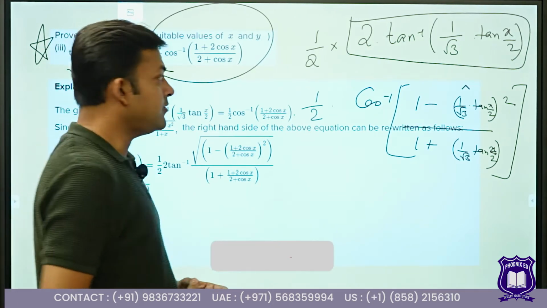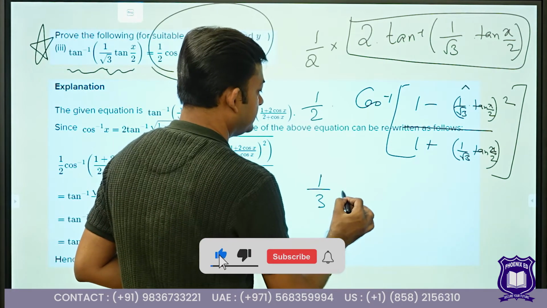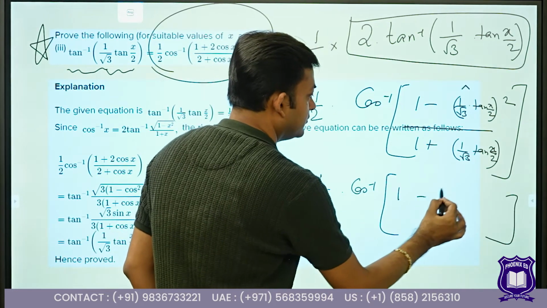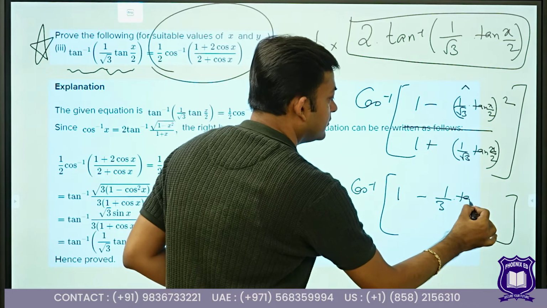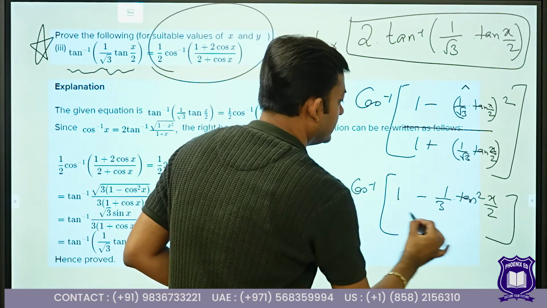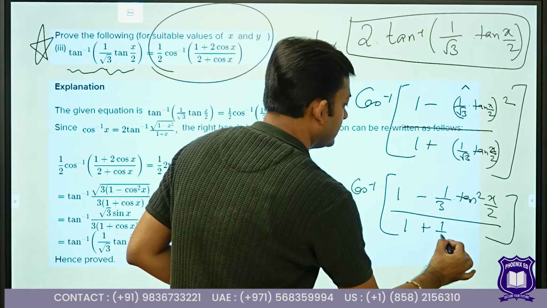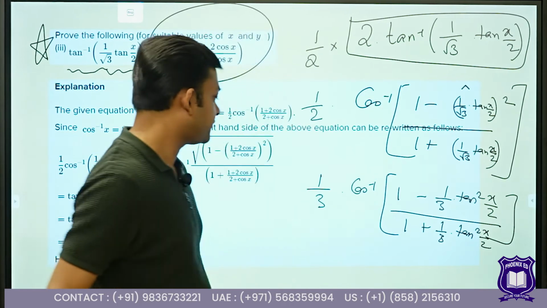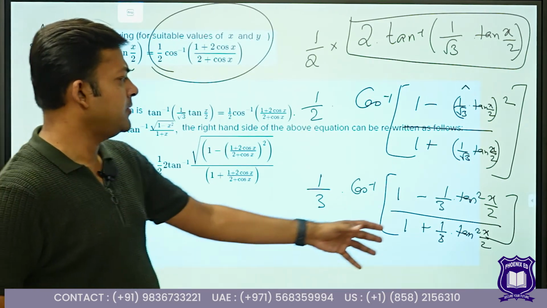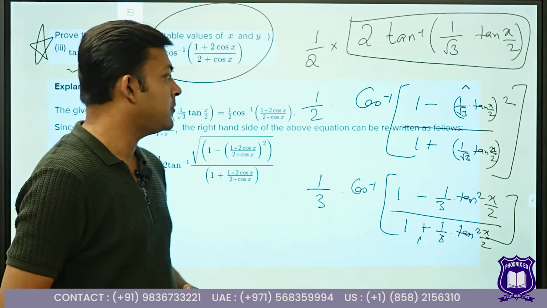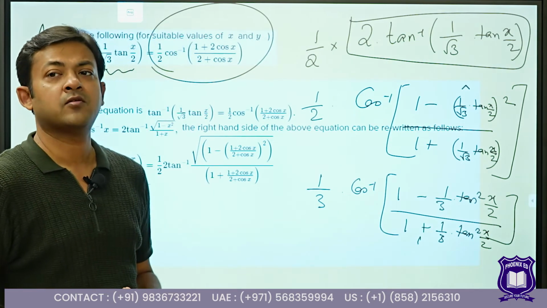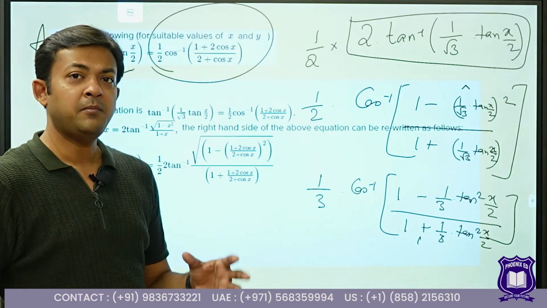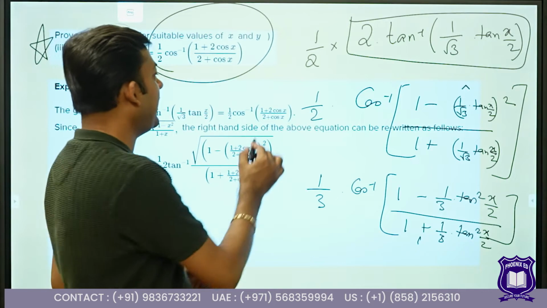Now, on simplifying this, we would get the next step, which would be simply substituting tan square x by 2 with (1 minus cos x) by (1 plus cos x), and we land at our proof.